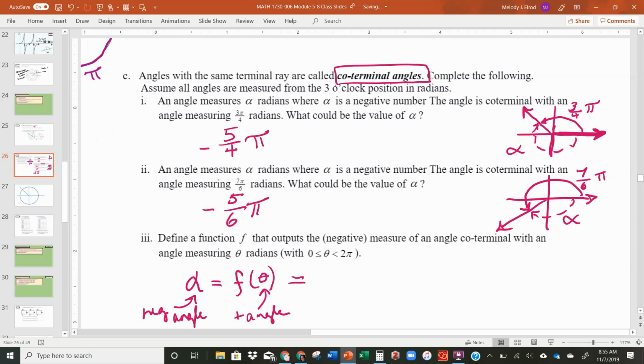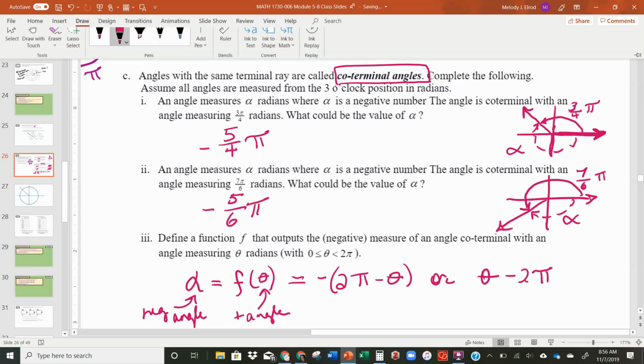To get these values up above here, we took 2 pi and subtracted off the given angle, only our response was going to end up being a negative. So we can use this as the formula, or we could clean that up a little bit and recognize that if we do theta minus 2 pi, that would also get us there, which makes a lot of sense when you think about it.